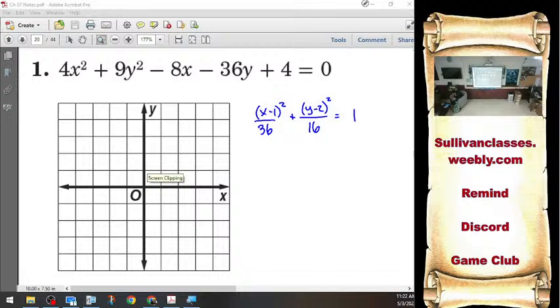Divide by 36. Oh, I did not do b over 2 when I completed the square with the y. I just did b.